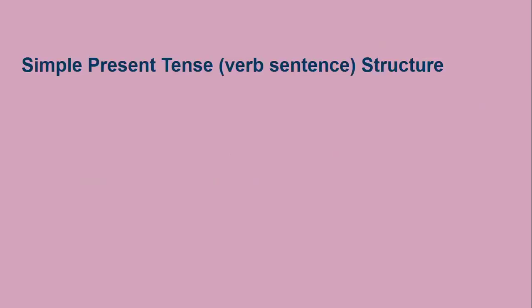In this section, we look at the simple present tense verb sentence structure. So we are looking at the structure of the simple present tense. Okay, how do we form a sentence in the simple present tense?